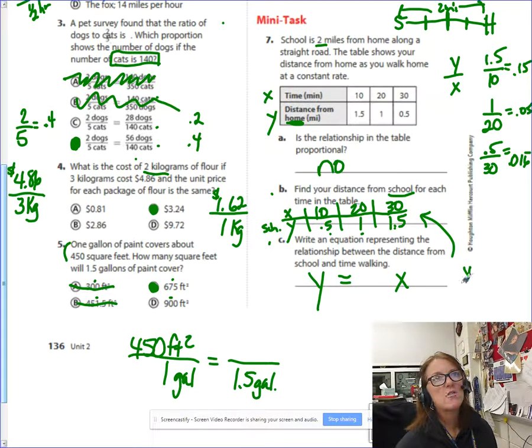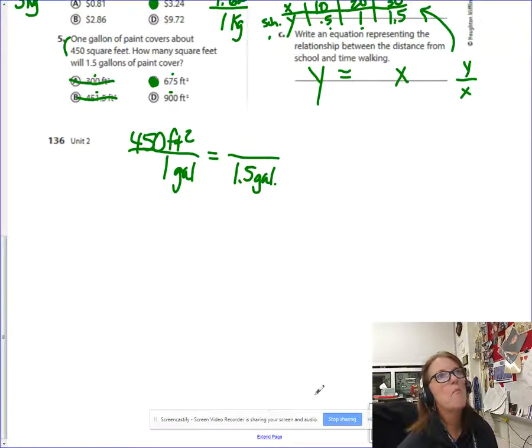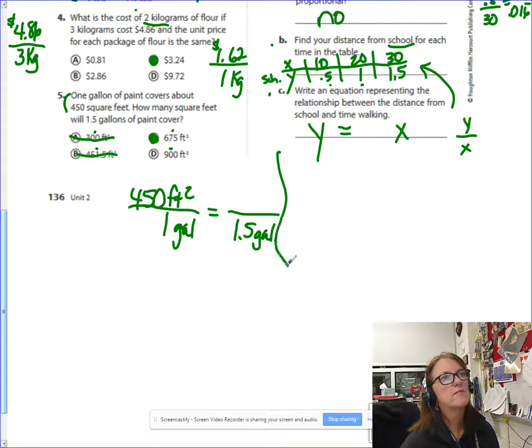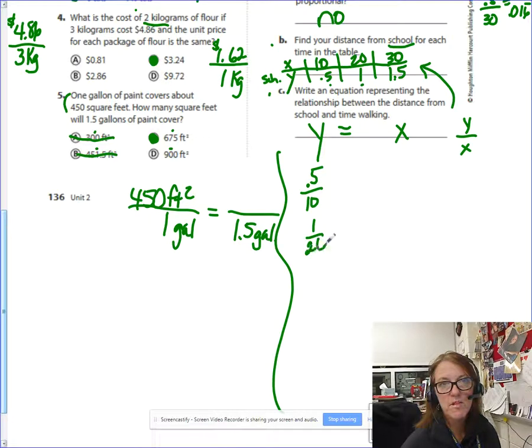Find your ratios of y over x. Here we go. I want you to take your calculator and say, what is 5/10 divided by 10? What is 1 divided by 20? What is 1 5/10 divided by 30?